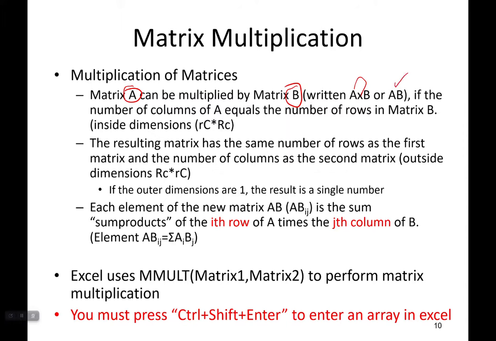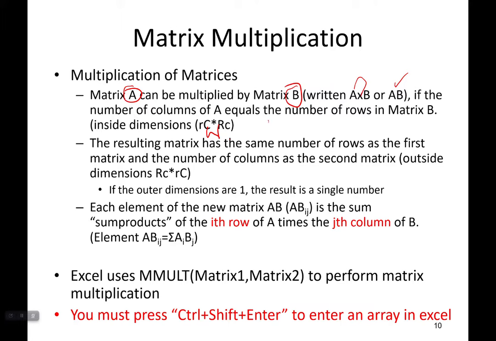Now, if the number of columns in A equals the number of rows in B, in other words, they have the same inner dimensions, you can multiply the two matrices. You can only multiply matrices together if they have the same inner dimensions. In other words, the columns of the first matrix equal the number of rows of the second matrix.